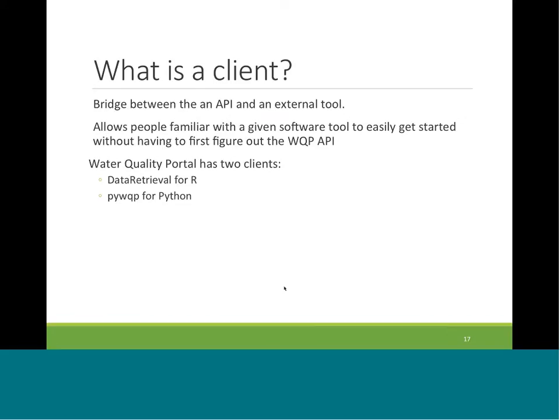What we've written is a few different clients, which are a bridge between the API, the Water Quality Portal services, and those external tools, so that someone who's familiar with R, the statistical language, can grab the Water Quality Portal client and just get started doing analysis. They don't have to figure out how to interact with the API itself. The client takes care of that.